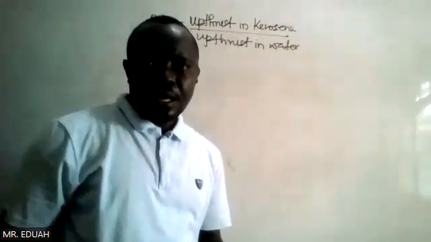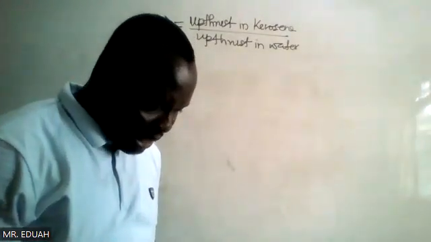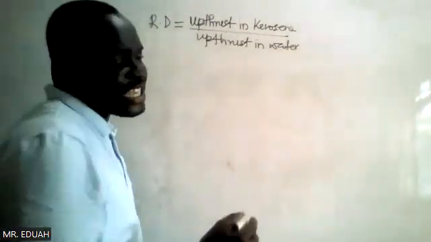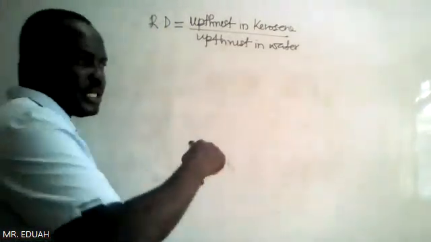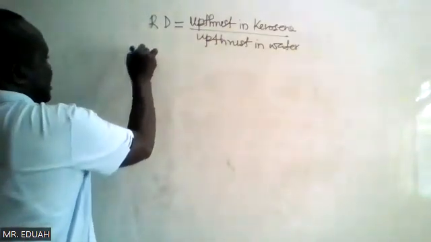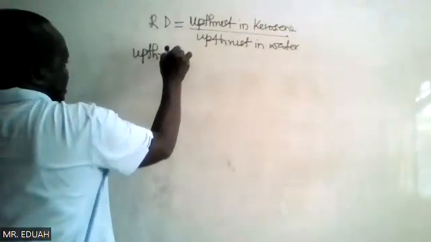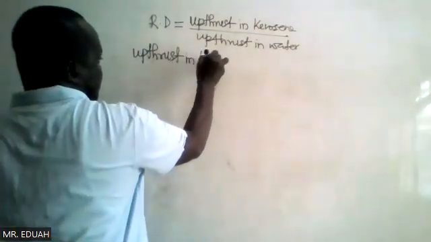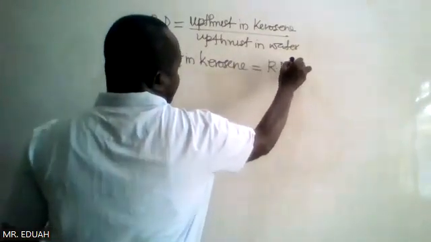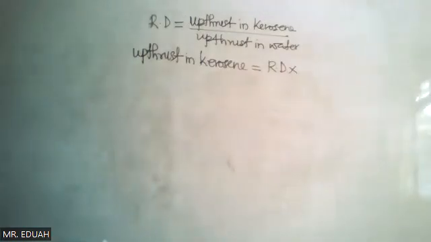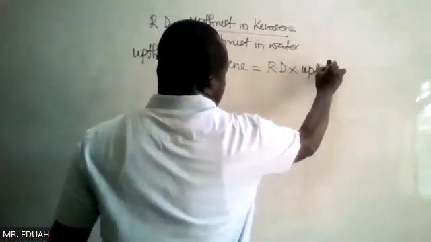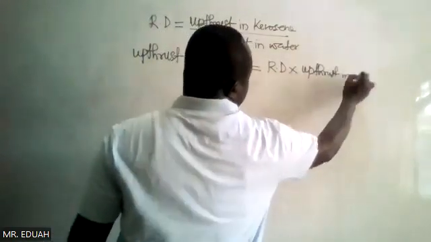In our question, we are to determine the upthrust experienced by the body in kerosene. So if we make upthrust in kerosene the subject, we have RD times the upthrust in water.